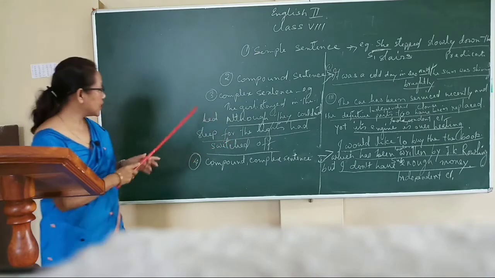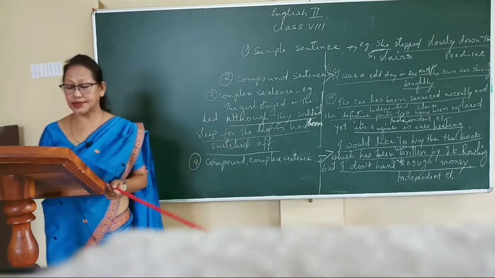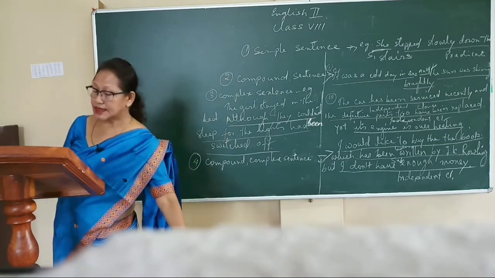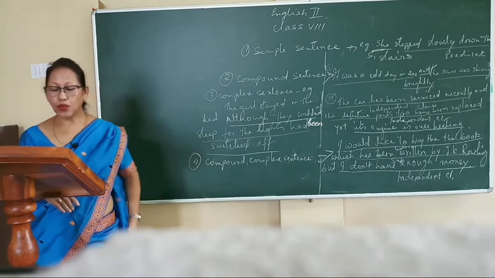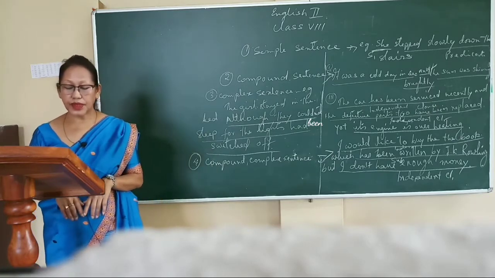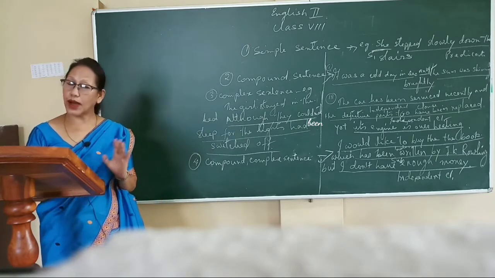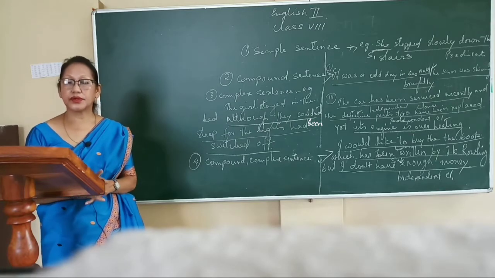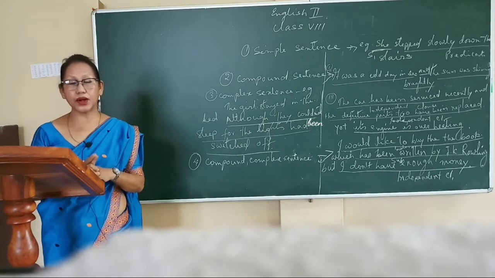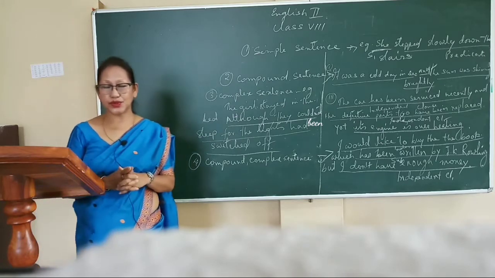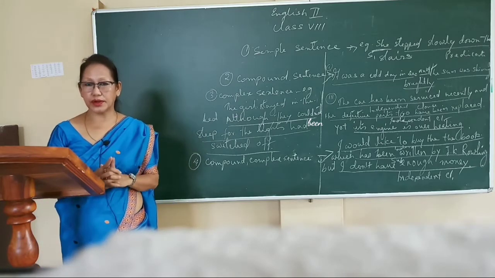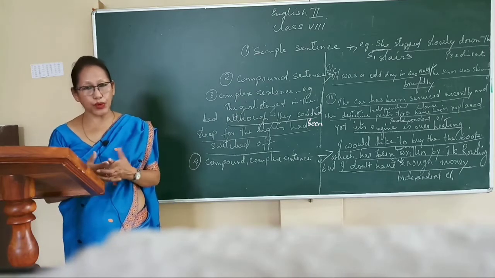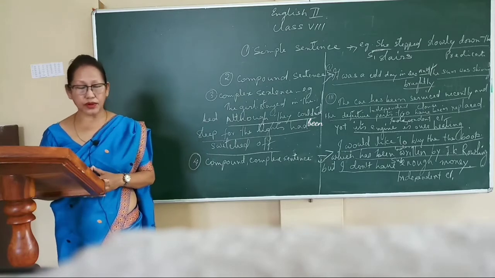Complex sentence. A complex sentence consists of 1 independent clause and at least 1 subordinate clause. It can have more subordinate clauses.